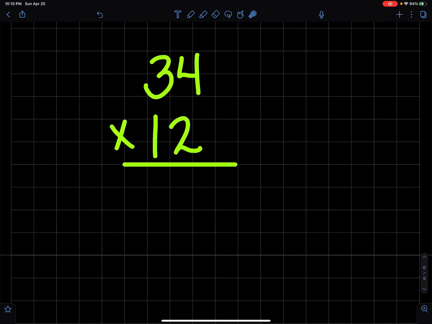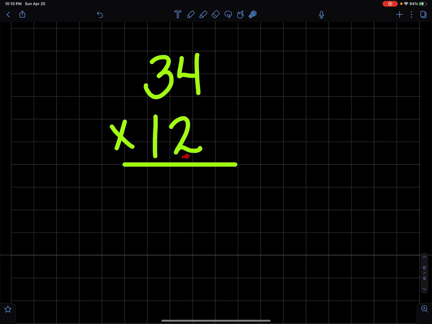Now, most of the time when you do these problems, it's easier to write it like this. So that way you don't have to write out 34 times 2, write out 34 times 10, and then add. There's an easier way to write it on your paper. Okay, so let me show you how. We're going to do 34 times the ones.